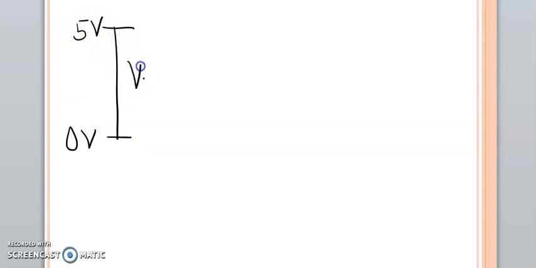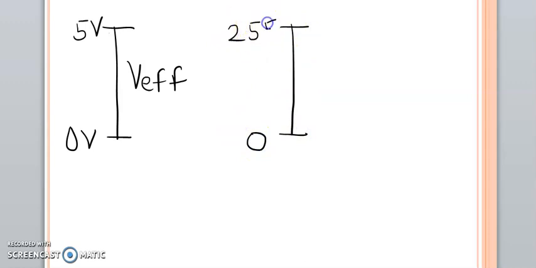So now let us discuss the relationship between the different parameters. We know that this is our 0 volt, this is our 5 volt. So our V effective is going to range from 0 volt to 5 volt. What about the PWM output level? The PWM output level is going to range from 0 to 255 for the same values.